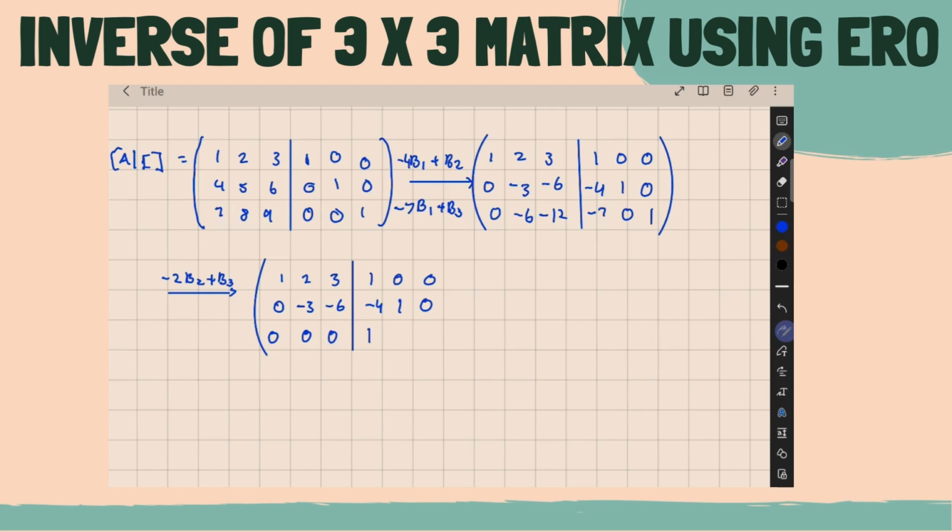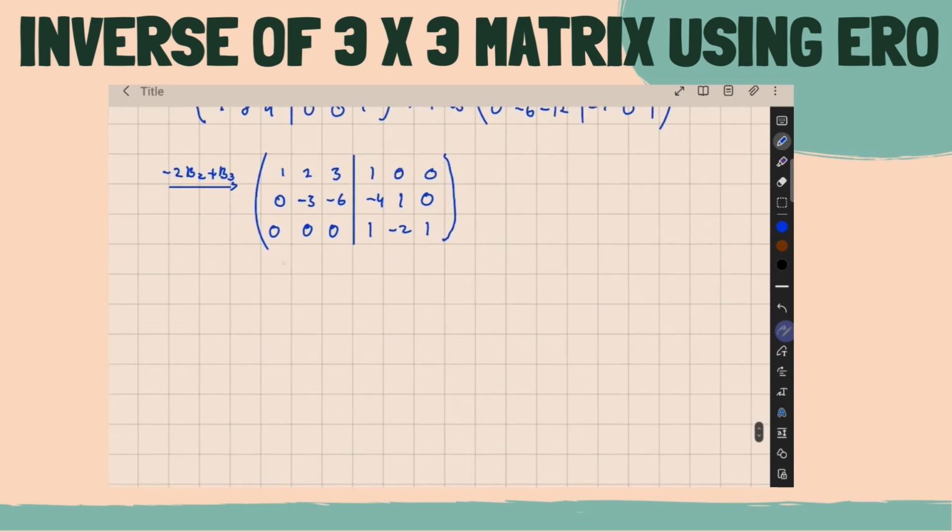Then the value at the bottom on the right side, we get 1. Then we'll get negative 2. Then we get 1. So here we can see that this third row contains a row of zeros. What this means is when there's a row of 0, the matrix A does not have an inverse.